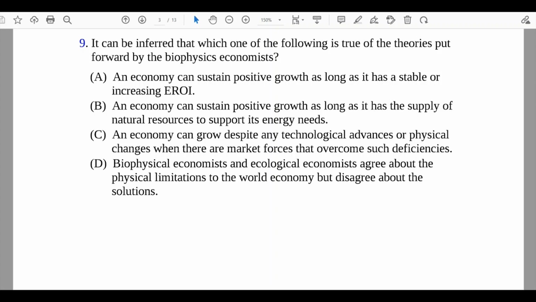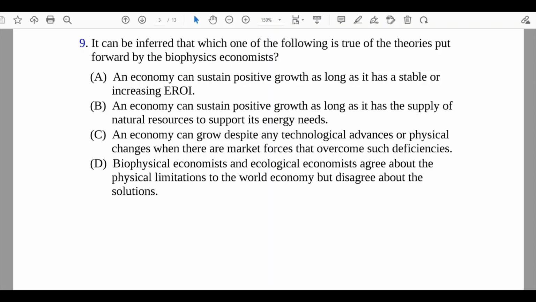Answer B tries to trick you by linking natural resources to energy, but the focus of this statement is still natural resources, which is the central focus of ecological economics, not biophysical economics. Answer C is an argument that would be made by neoclassical economics, which believes that market forces can solve most major economic problems.